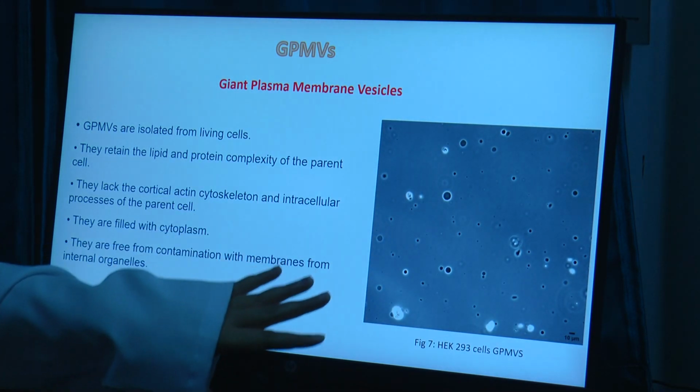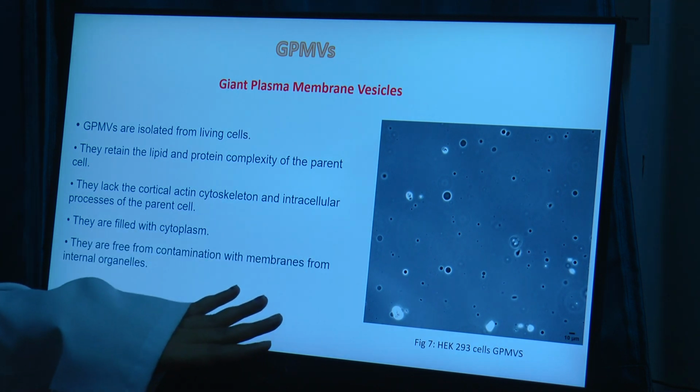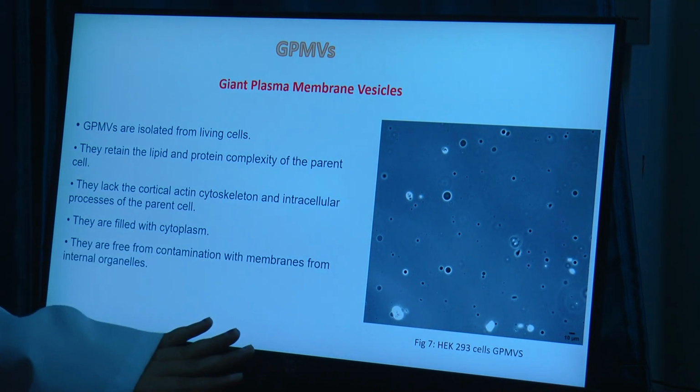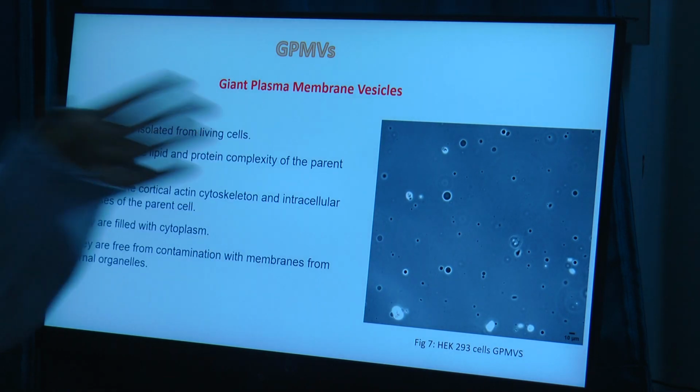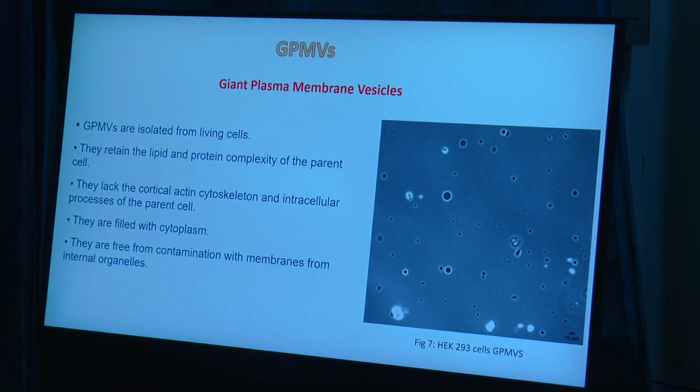They are visible similar to the artificial vesicles which we prepare, because in phase contrast we can't resolve their complexity. They are complex in nature, but the preparation is much easier than preparing the artificial vesicles.